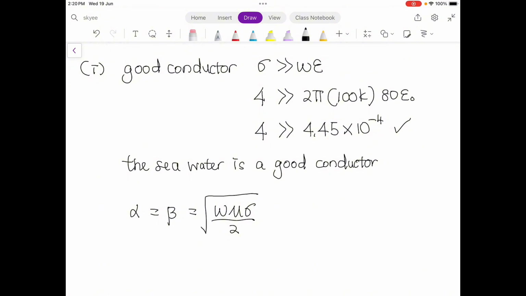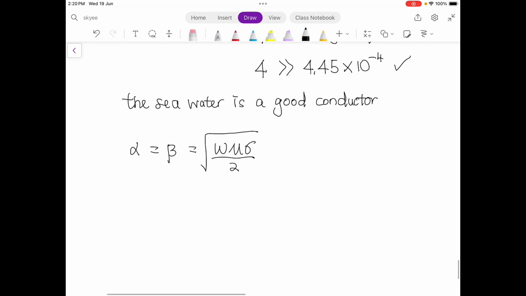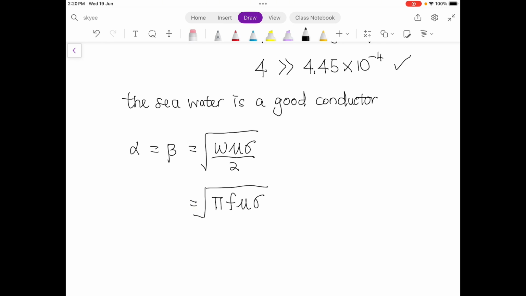There is another equation, the square root of pi f mu sigma. They are in fact the same, because omega is 2 pi f, so it depends on which one you want to use.